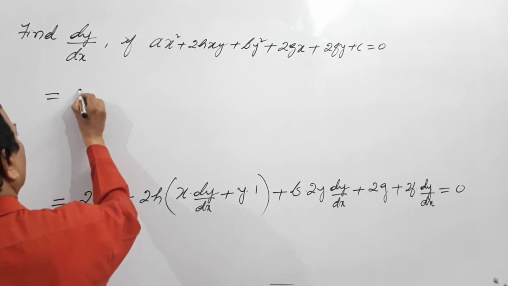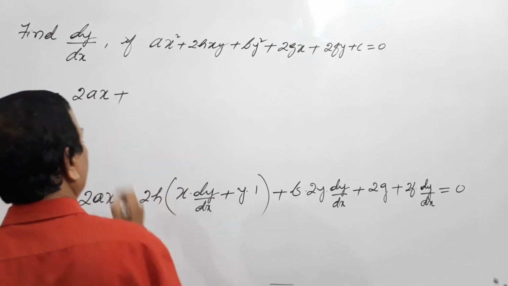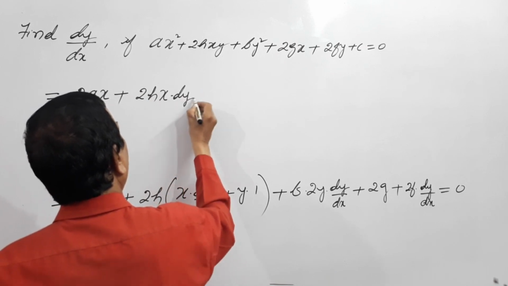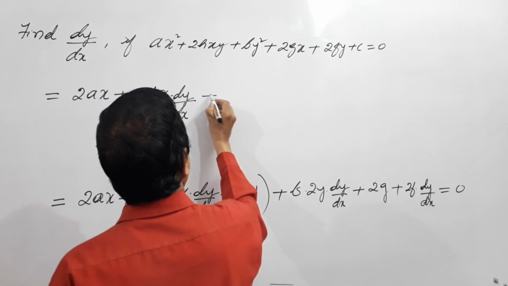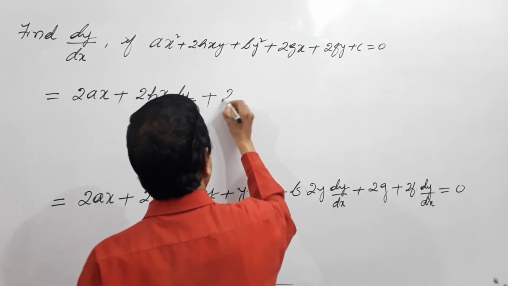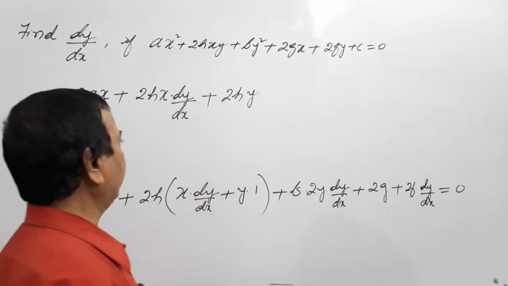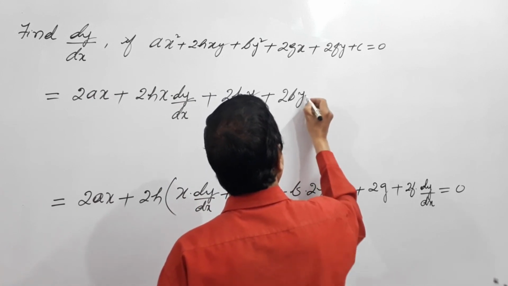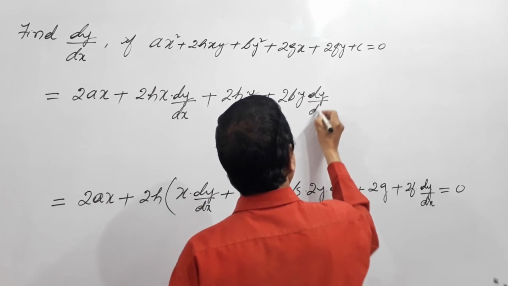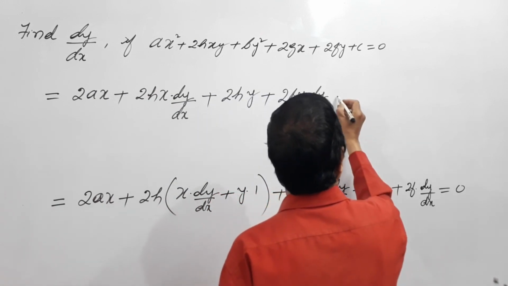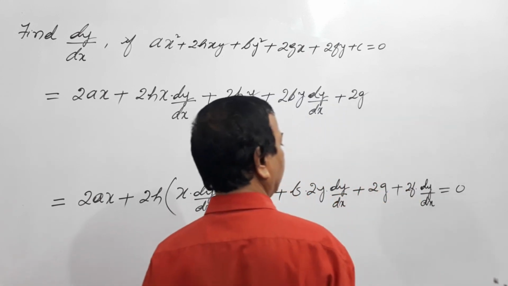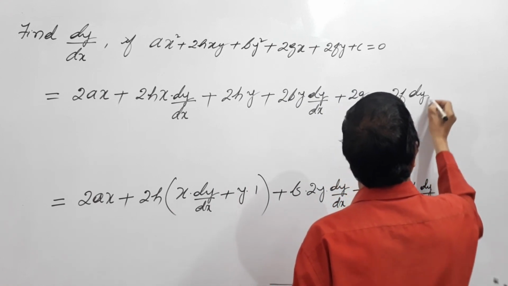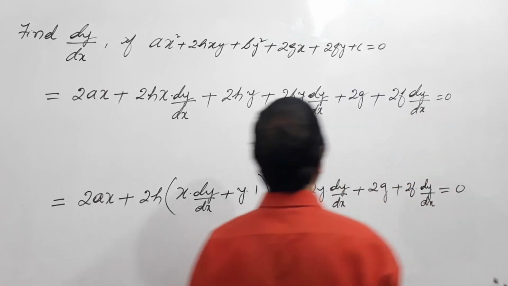This equals 2ax plus, we multiply this, 2h x dy by dx plus 2h into y, because if you multiply you have this, plus 2b y into dy by dx plus 2g plus 2f dy by dx equals to 0.